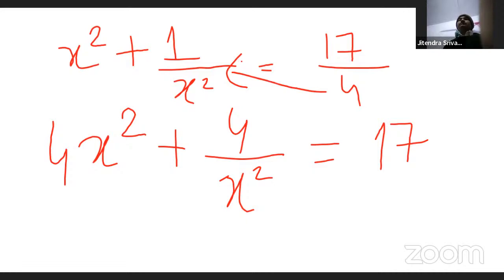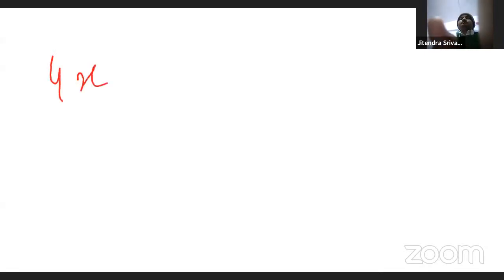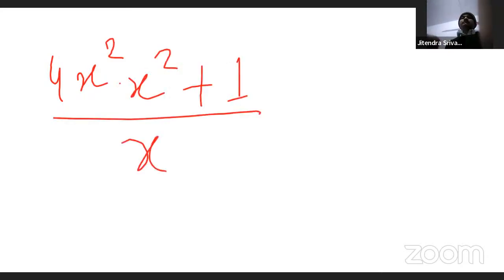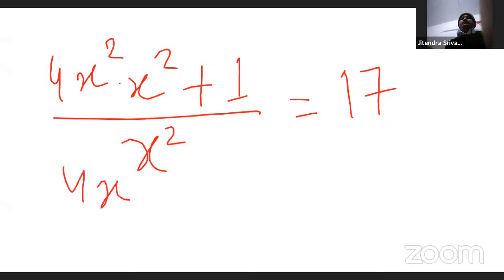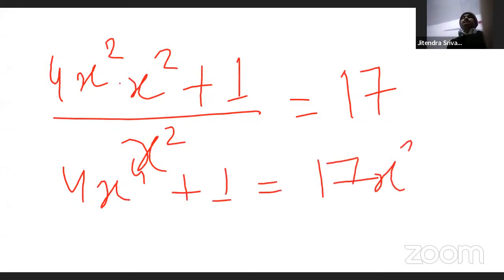So now what we will do, we will take the equation here and we will multiply 4x square into x square plus 1 upon x square equals 17. Now the power will be 4x to the power 4 plus 1 equals 17x power 2.